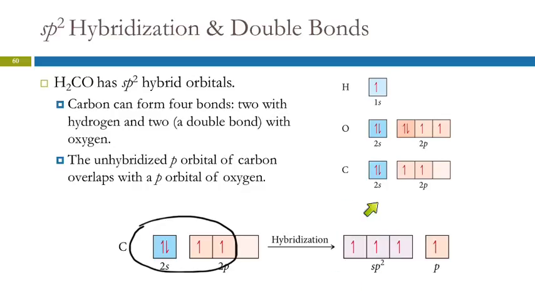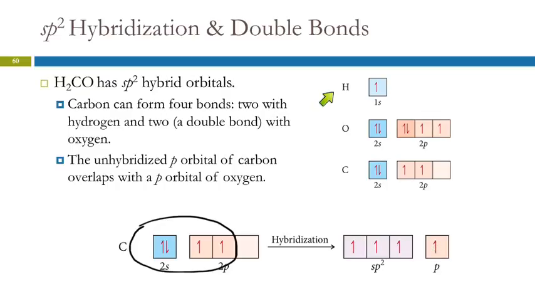So we end up with 3 orbitals that are the same energy, and this p orbital is going to be a little bit higher in energy, but it's pretty close. And so when you fill these up, these guys are going to take their own beds, and then this guy says, well, I could pair up with him, or for just a little bit more, I could have my own bed in the next room. I think I'm going to go for that. It overcomes the cheapness factor. So you can put the 4 electrons out like this.